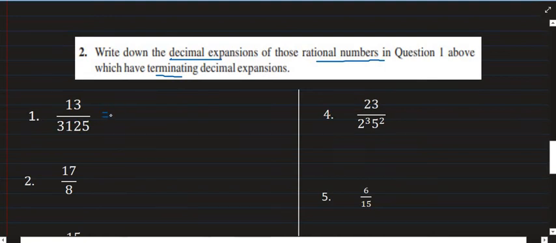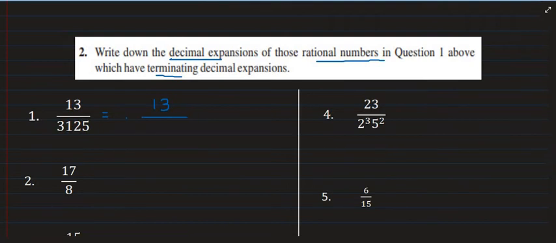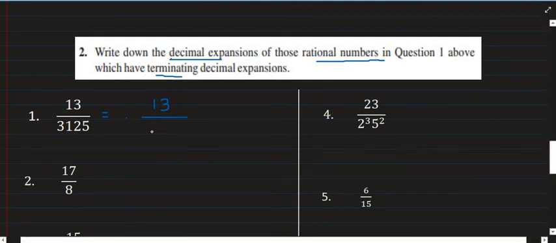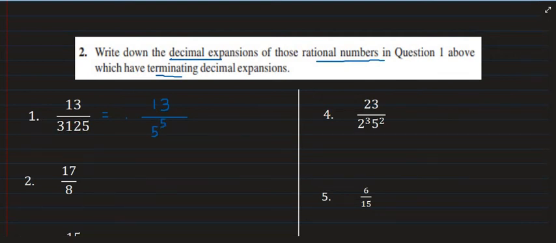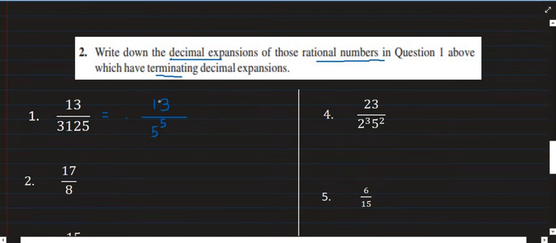So for the first one, it's 13 by 3125. As we have already prime factorized it, we can write it in the form of 13 by 5 raised to the power 5. Here we are not using long division because it will be too complicated. So we will use this prime factored form, and we will multiply the numerator and denominator by 2 raised to the power 5.